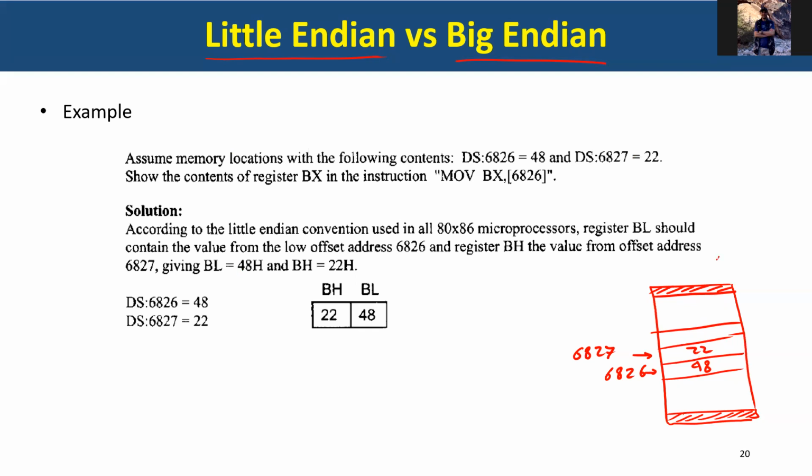And we are x86, so we deal with the little endian style. And we executed this instruction: move BX, [6826]. So what's in that location will go to BX, but BX is 16 bits.